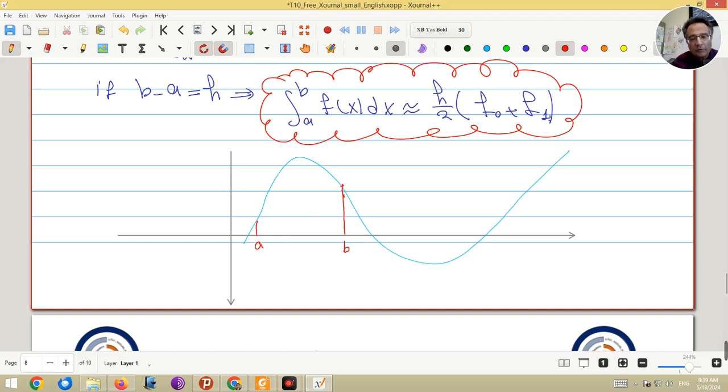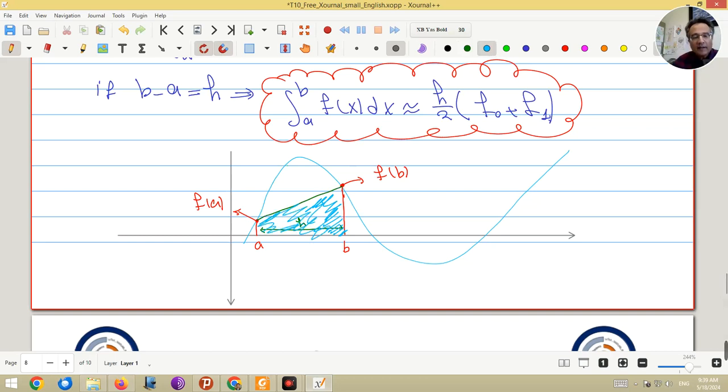Okay, this point is f of b and this point is f of a. Okay, what have I computed here? Look at here, from here to here is h. We add f0 plus f1 and multiply it by h over 2. It means that this is exactly the area of a trapezoid, this trapezoid.